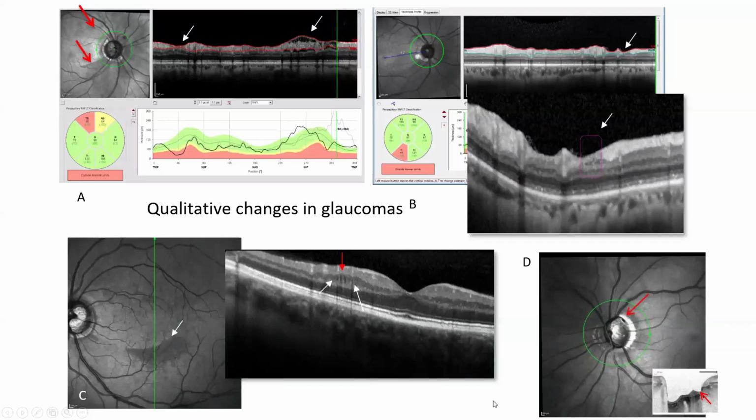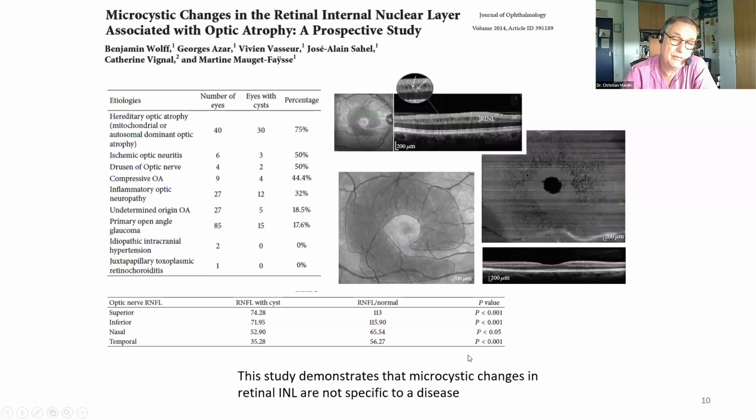This is a quite interesting change, which is not typical for glaucoma, but is also found in other diseases, as you can see from this nice article from Benjamin Wolf. In all kinds of different optic neuropathies, cystoid changes may appear. We see them quite often in patients with multiple sclerosis.